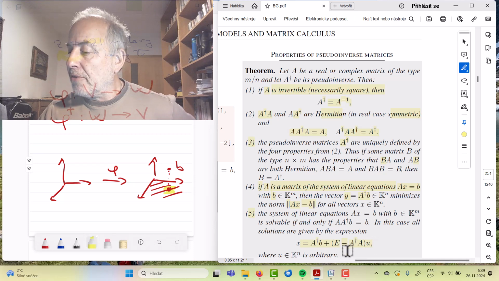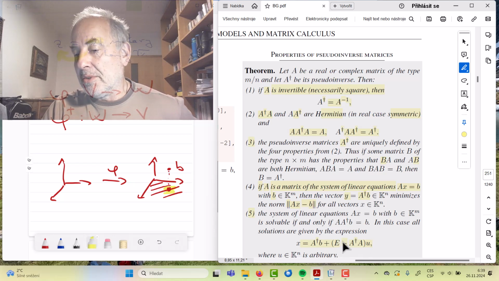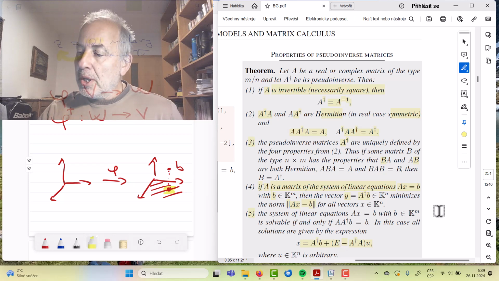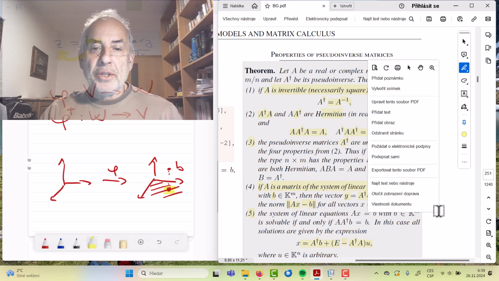So it's not so difficult to see. So you simply take the kernel and you add all those which are mapped to 0, right? And that's exactly here.